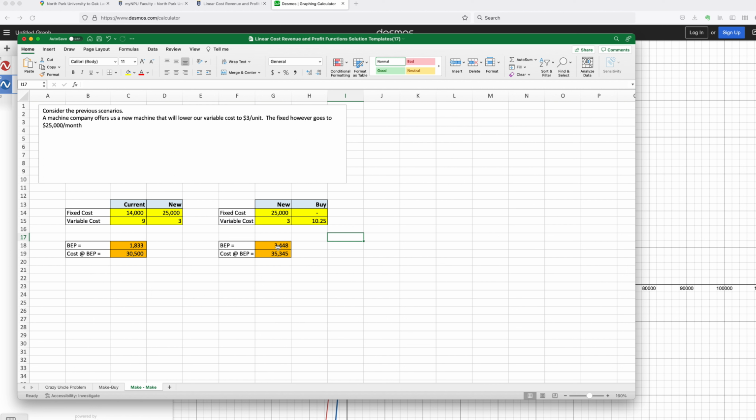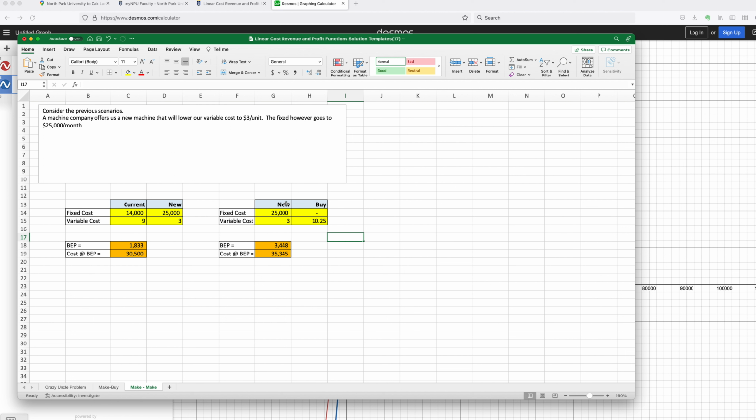I have a slope of 3 and I have a slope of 10. It's more economical for me to make the product or to buy the product if I have less than 3,000 units, and more advantageous for the new one.